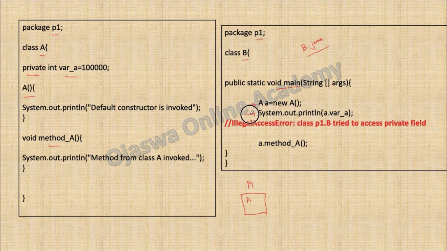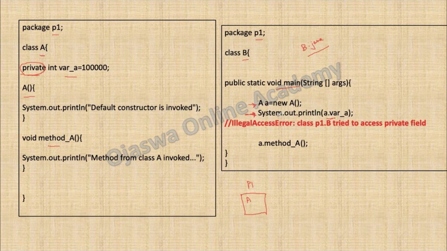But this is the line where you get the error. Why? Because you are trying to access an instance variable var_A belonging to class A, and this instance variable has private access, and private variables are only accessible within the class. This private variable var_A, you can print it inside class A, or you can use it inside class A. You cannot access this variable outside the class.